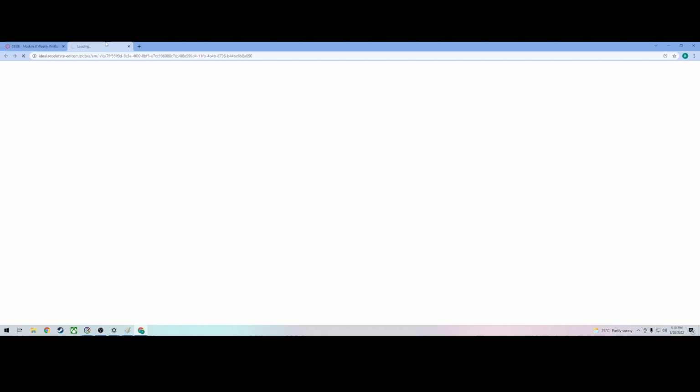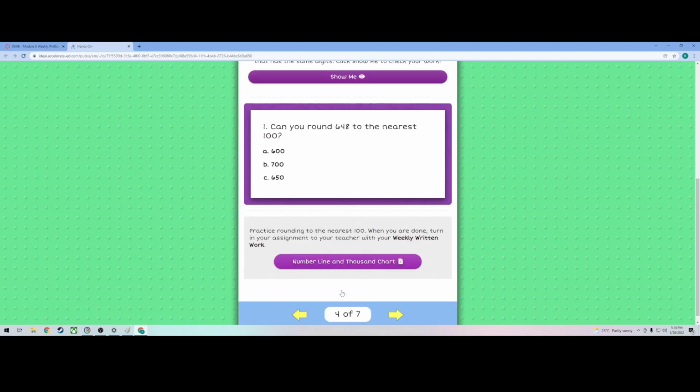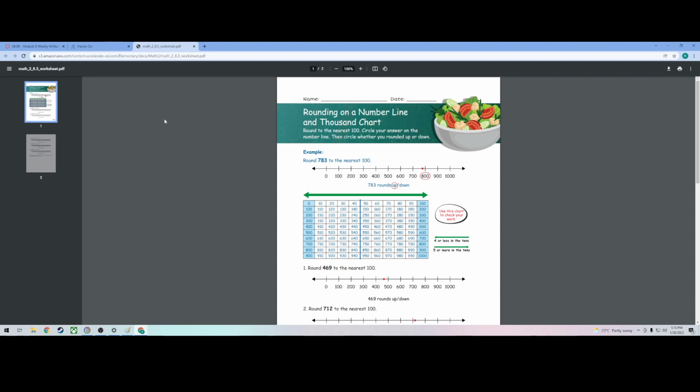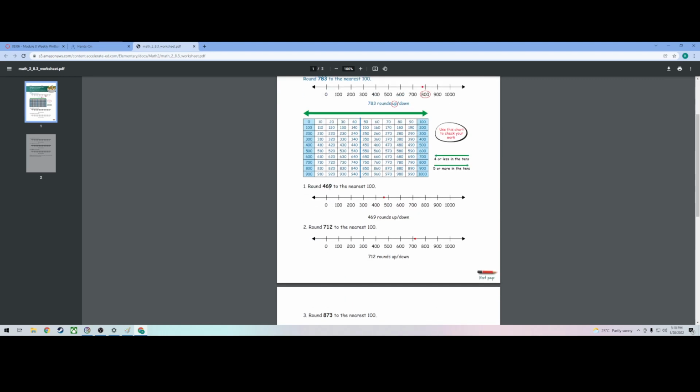Let's check now this one. Rounding to the thousand chart. Now we learned 10, 100, now 1000. Now, rounding to the nearest hundred, 783. Where is 783? It is between 700 and 800. It is here. So rounding it to the nearest hundred is 800. 469 is here.